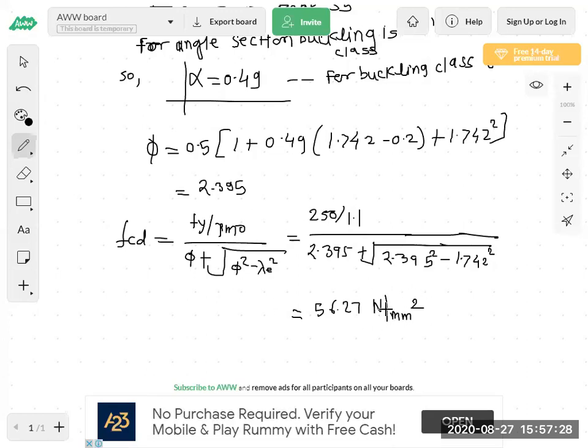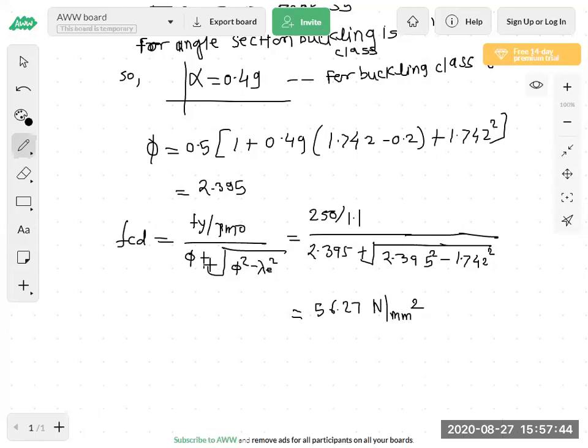Newton per mm square. Who can tell me what the stress unit is? Yes, sir. Okay, so we got the design compressive stress.